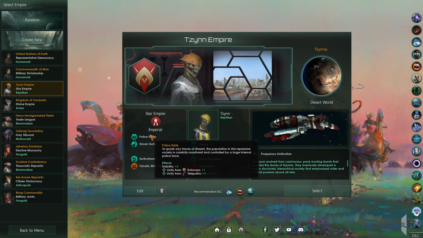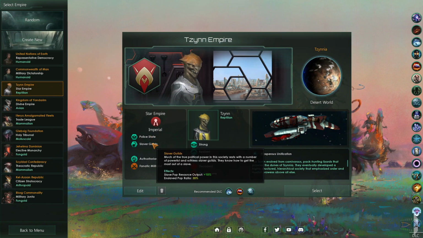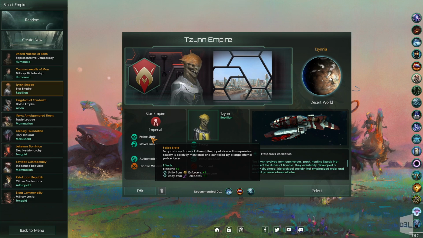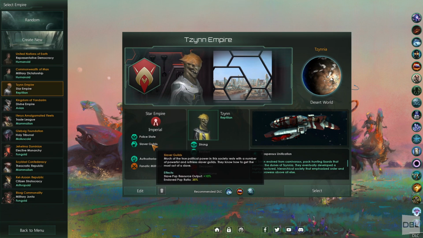To quash any traces of dissent, the population in this repressive society is carefully monitored and controlled by a large internal police force. Effects. Stability +5. Unity from enforcers +1. Unity from telepaths +1. Oh man, there's telepaths? So there's like thought crime too. It's like Minority Report.